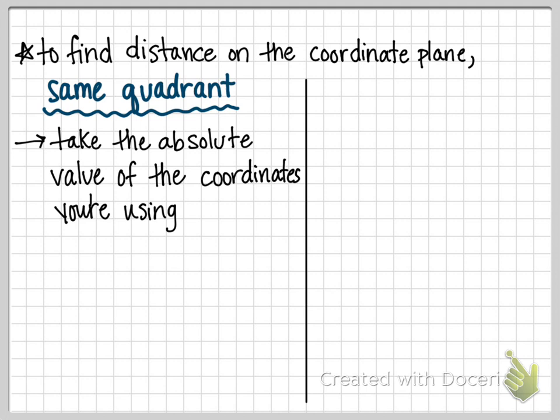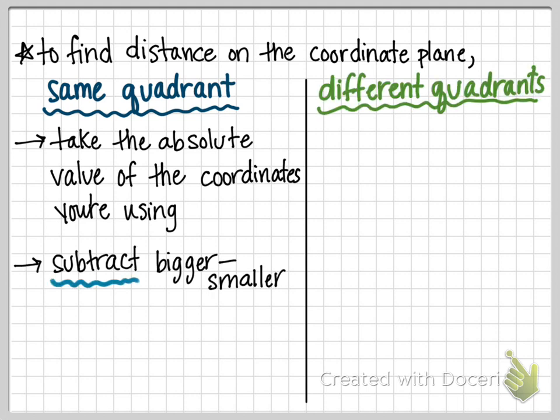Remember when we did this, we would have 2 coordinates that were exactly the same, right? It would be like (10, 7) and (10, 4), right? We always had one coordinate that was the same for both because it was a straight line. So then for the other coordinate, we take the absolute value of the coordinates that are different. And what do we do? Do you remember?